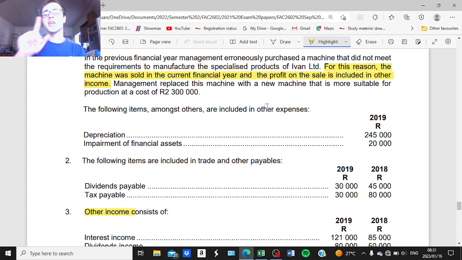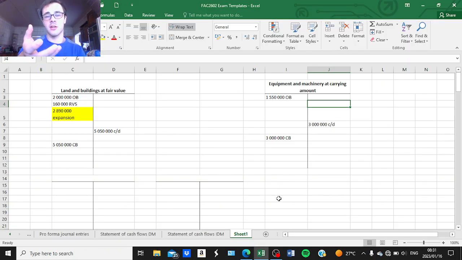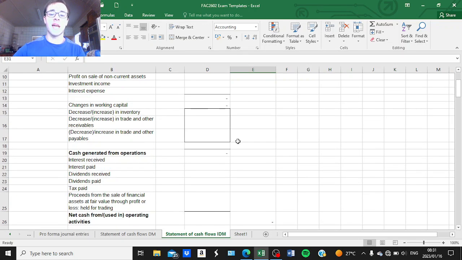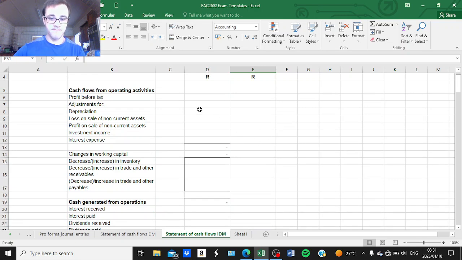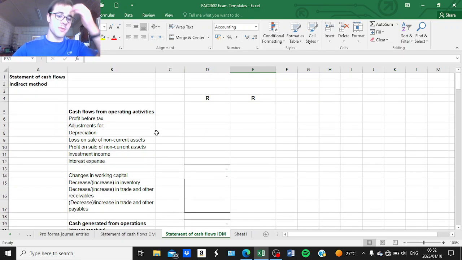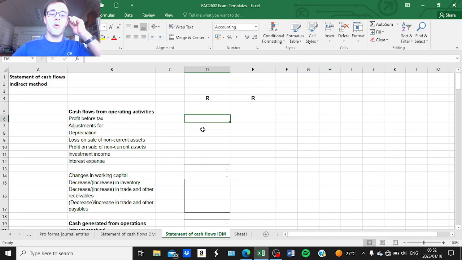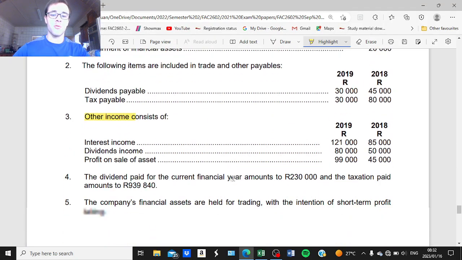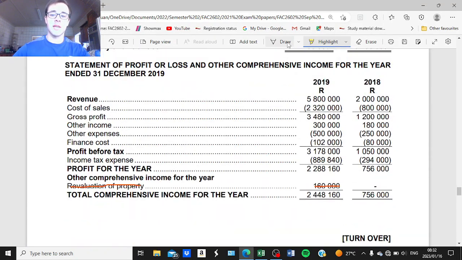All right, the only adjustment that we can make at this stage is we know that the profit itself is a non-cash item, or more specifically, it is a non-cash income item. And because we are using the indirect method, we need to adjust that amount against the profit before tax. So in the cash flows from operating activities section, we need to start with the profit before tax as given in the statement of profit or loss and other comprehensive income.